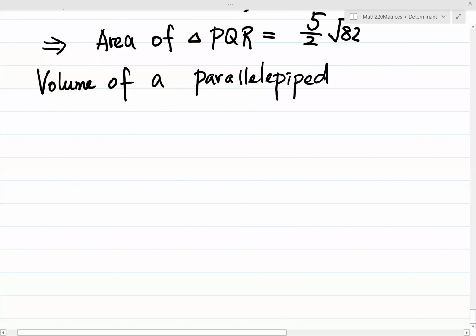Suppose this is A, and this is B. Every surface of the parallelepiped is a parallelogram.